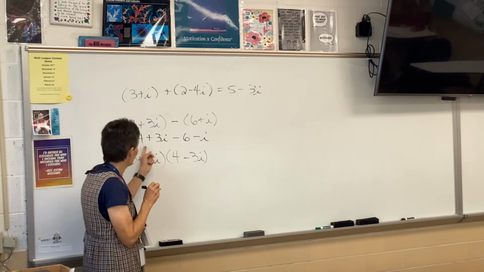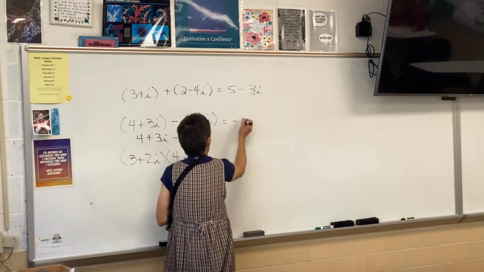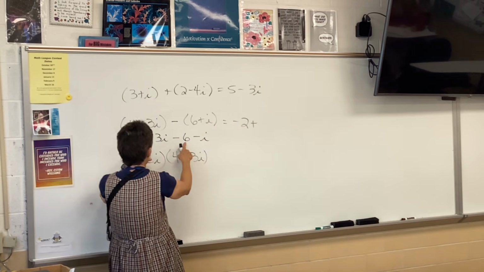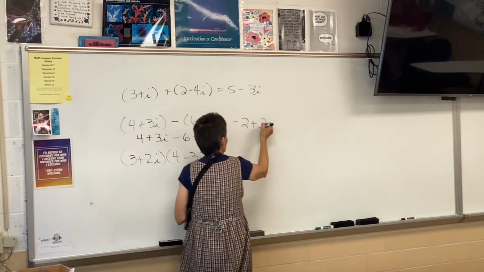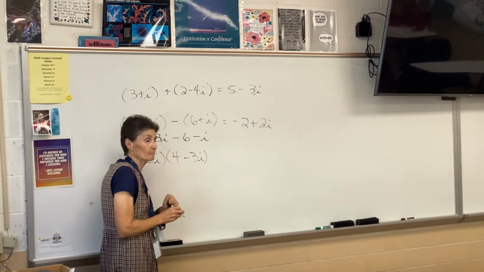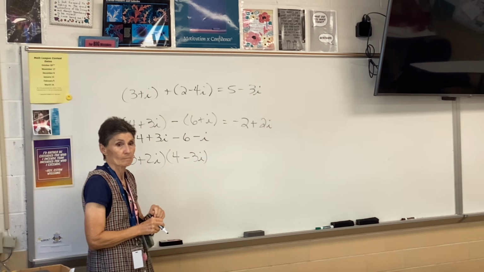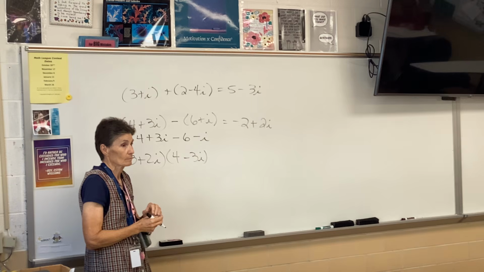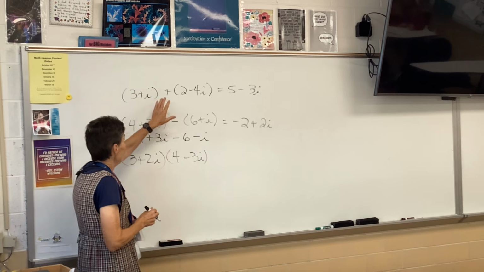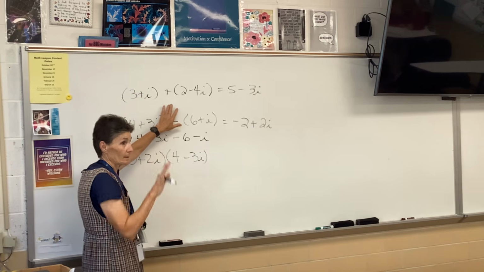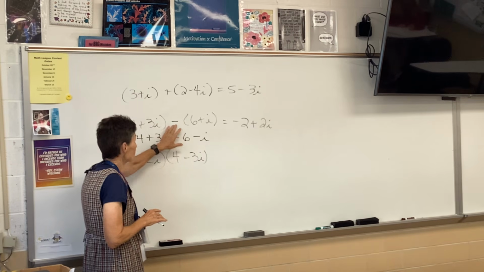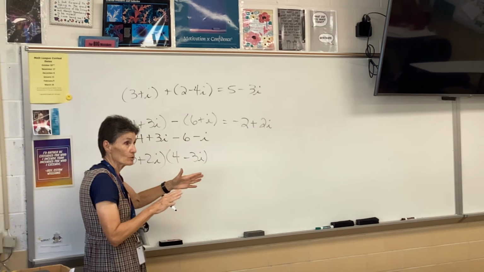So we'll end up with negative 2 plus 2i. So pay attention, that has a plus, you just collect like terms. This has a minus, so we distribute the negative, collect like terms.